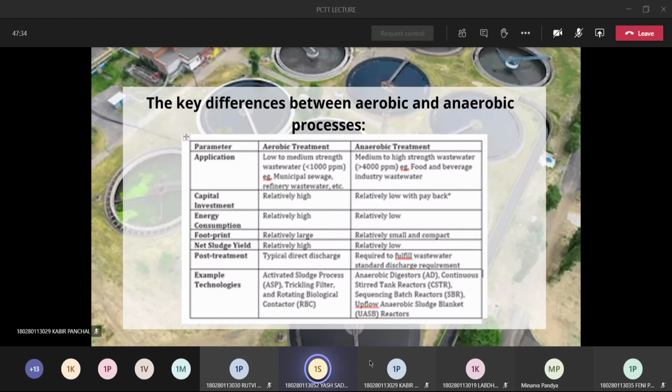Capital investment for aerobic treatment is relatively high because of the compressor or the aeration tank, while anaerobic treatment has relatively low capital investment because we get a payback of methane, which is used as a fuel. Energy consumption is high in aerobic treatment because it provides the air, and low for anaerobic treatment.